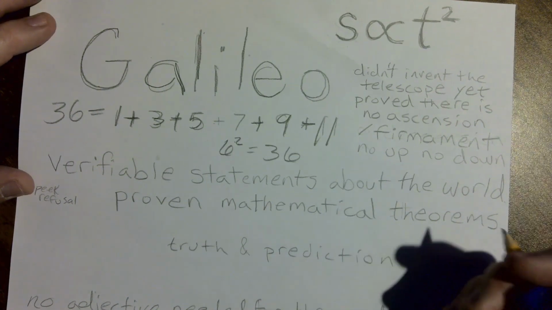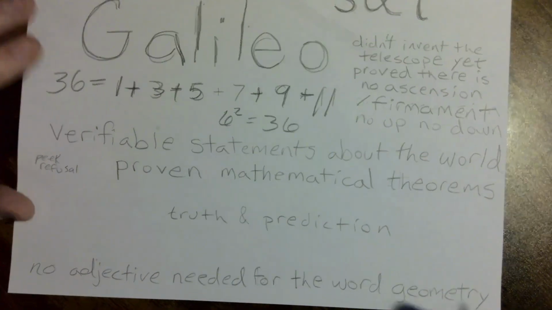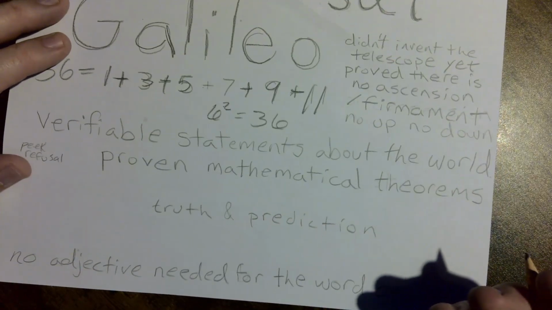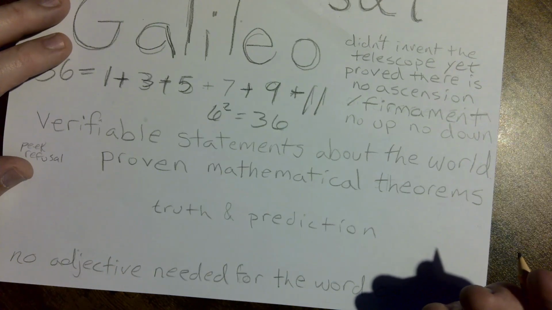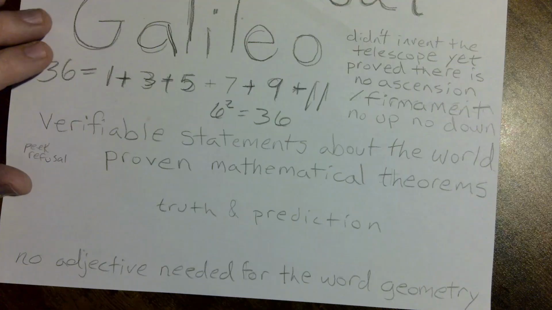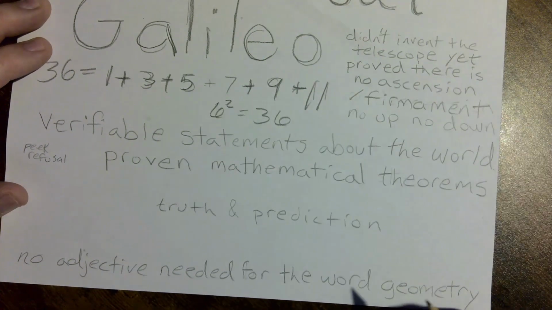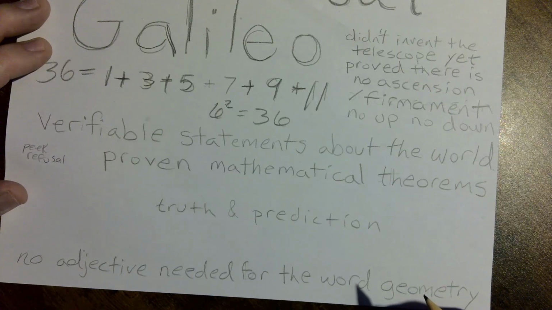A verifiable statement. Now, of course, there were organizations at the time who had been saying unverifiable things for ages. Their statements are not in any way verifiable. And so he kind of got in trouble with authority.